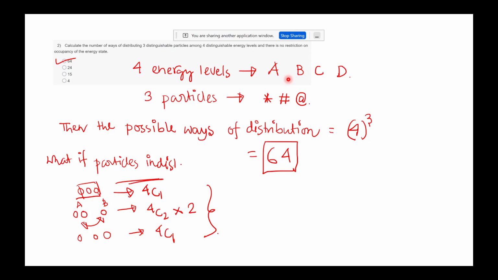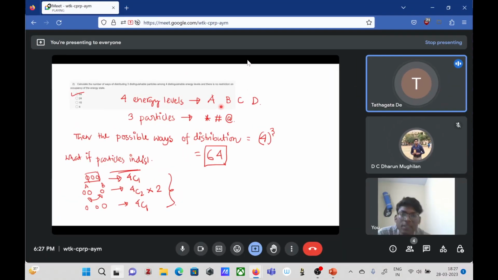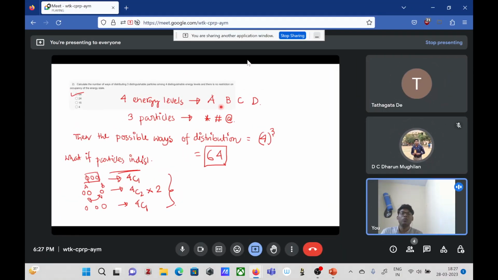Exactly, right? But we can place two particles in a particular energy. Yes, that's the thing. So this is the fundamental difference that you have just picked up. In research or in academics, wherever you go, choosing that fundamental thing will always help you.